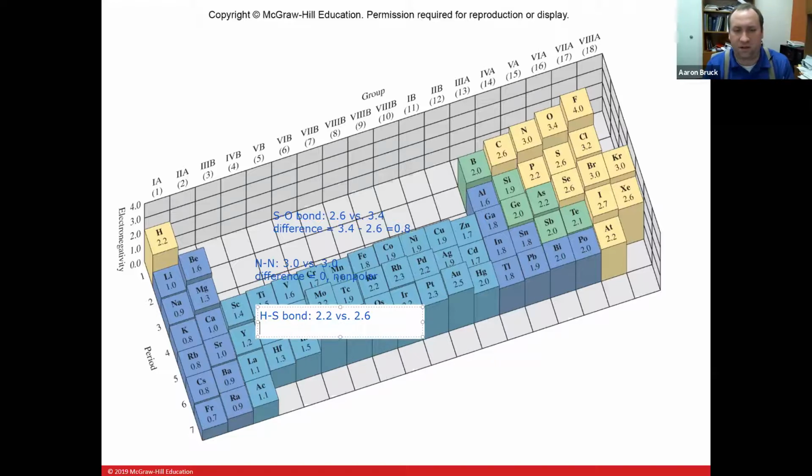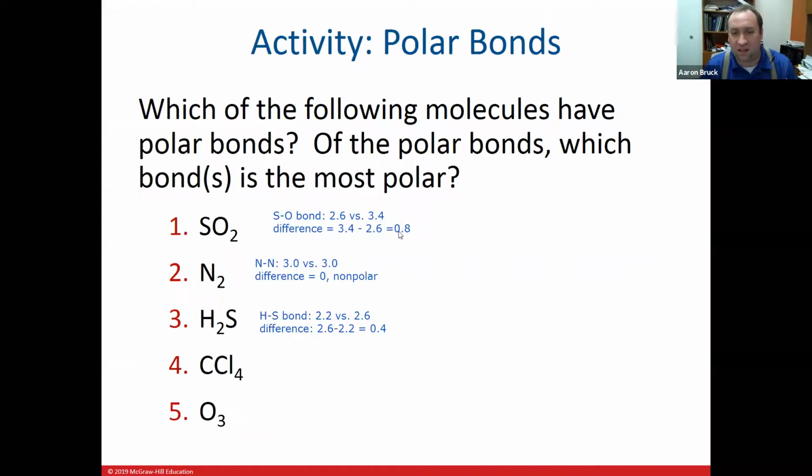Our difference here, 2.6 versus 2.2, is equal to 0.4. So again, we're dealing with polarity here, but we can see that the polarity is considerably less in the H2S compared to the SO2. So right now, SO2 is still the most polar.